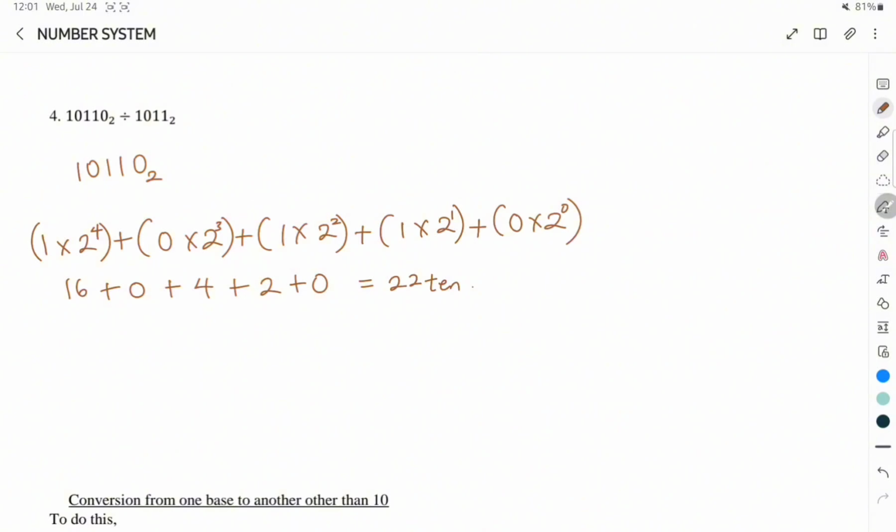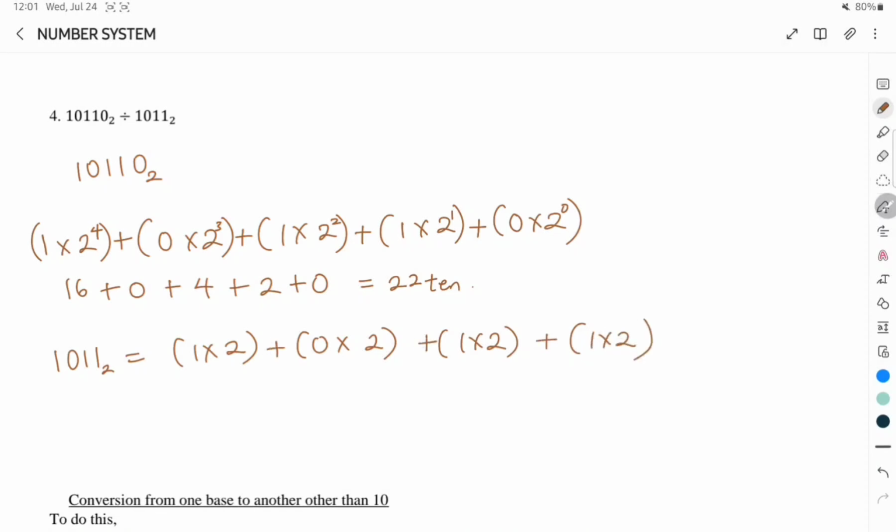For the divisor, we have 1011 base 2, and that will be equivalent to 1 times 2, 0 times 2, 1 times 2, 1 times 2, put a plus sign, then the indices 0, 1, 2, and 3.